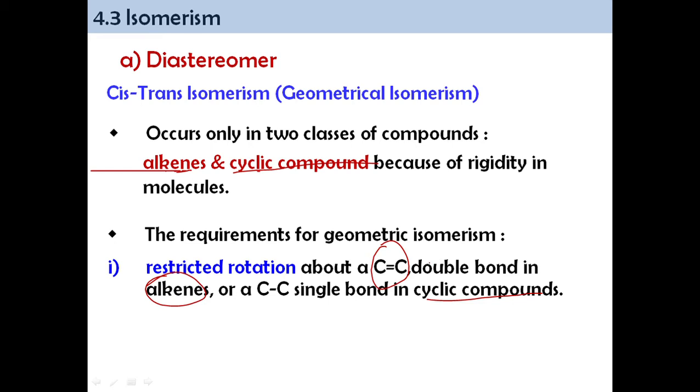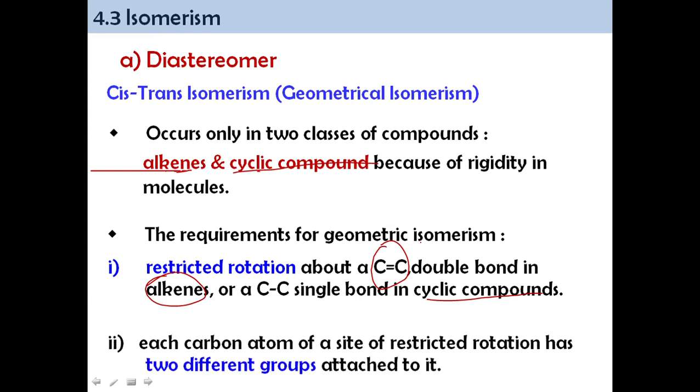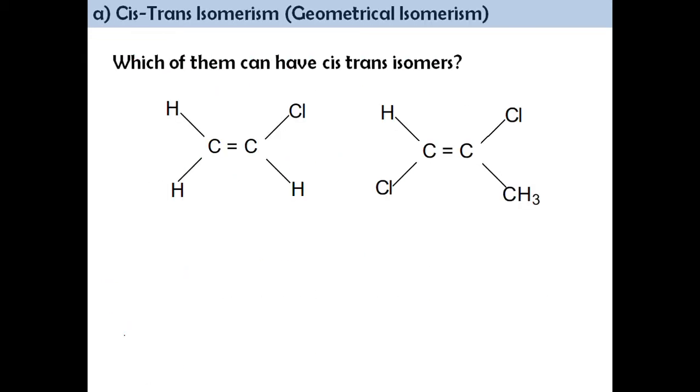Okay, but not all alkene, not all cyclic compound can produce the cis-trans isomer because of the second requirement, each carbon atom must be bonded to two different groups. Okay, untuk requirement yang kedua ni, saya akan tunjuk dekat awak sekarang. Okay, ini. So, kita ada dua compound.